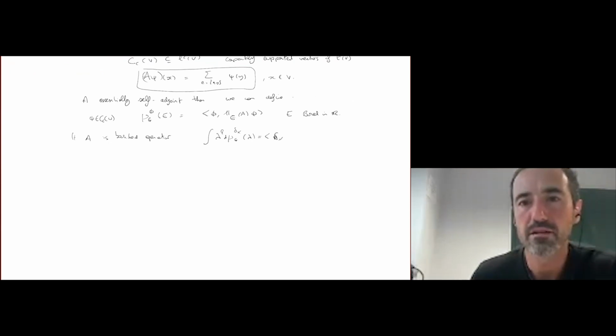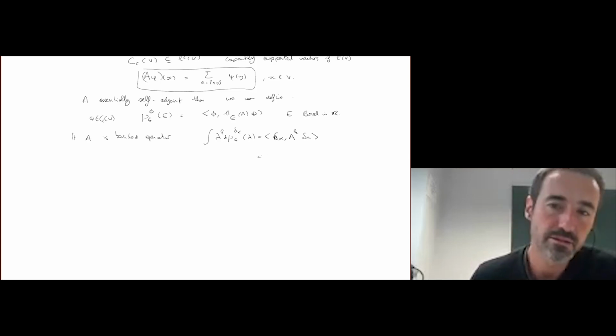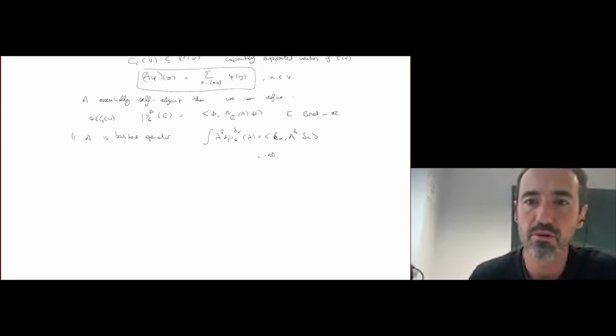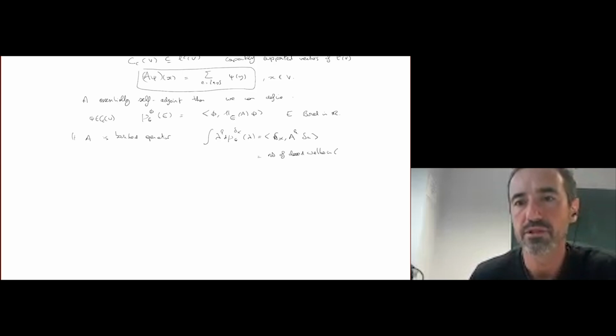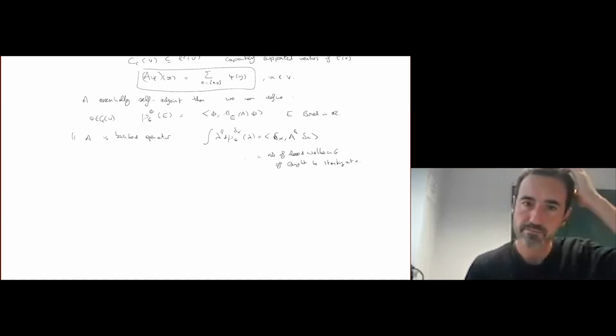Then these are the moments of the powers of your operator A, and this has a nice combinatorial interpretation as the number of closed walks in the graph G of length k starting at x.